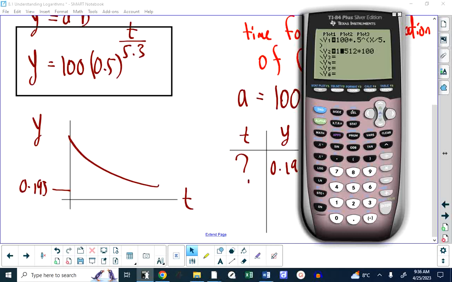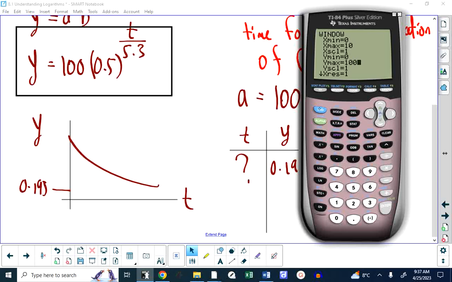Were you puzzled because I had a decimal there? Okay, sorry about that. So 1/512 remaining means 1/512 of whatever we started off with. And of in math means multiply, so we take 1 over 512 times 100. Now I'm going to set up my window settings. We'll talk about x in a second, but I want to go up to 100 so I can see that start point of the graph.